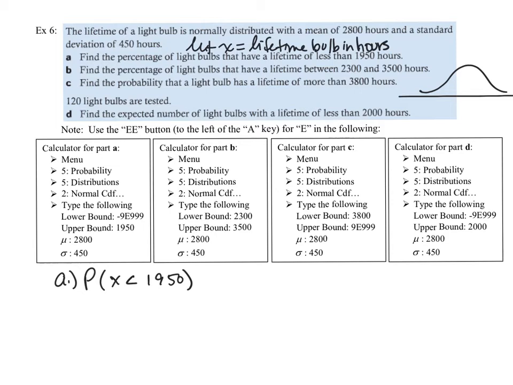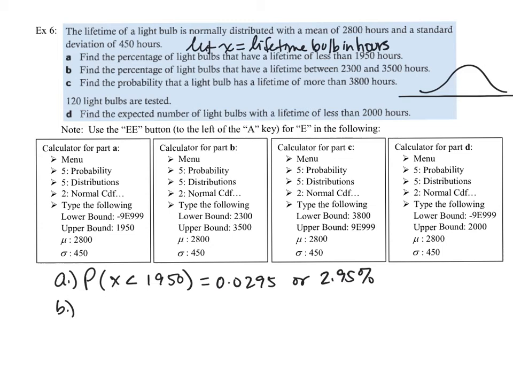So you'll type all this information into the calculator, and it will give you an answer of 0.2, nope, that's not right. Hold on, let me fix that. It's 0.0295, or if we were going to write that in percent form, it would be 2.95%. Both of those answers would be correct.